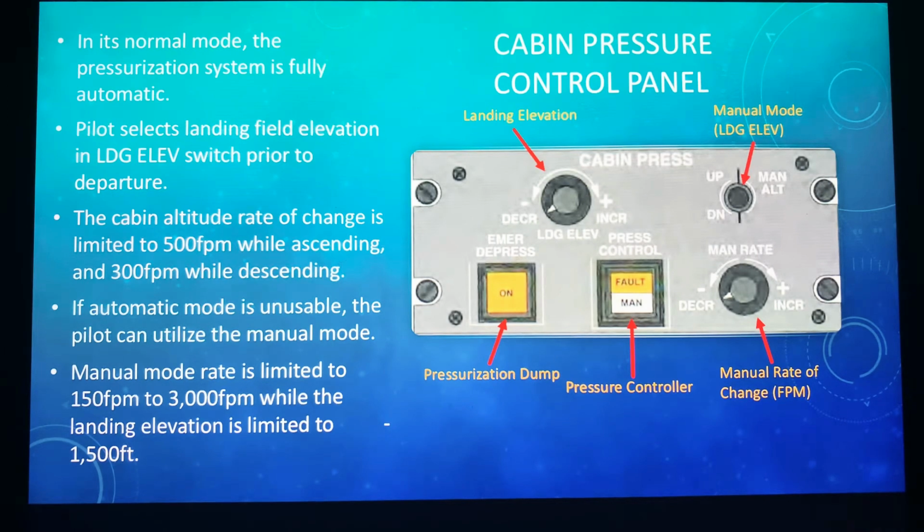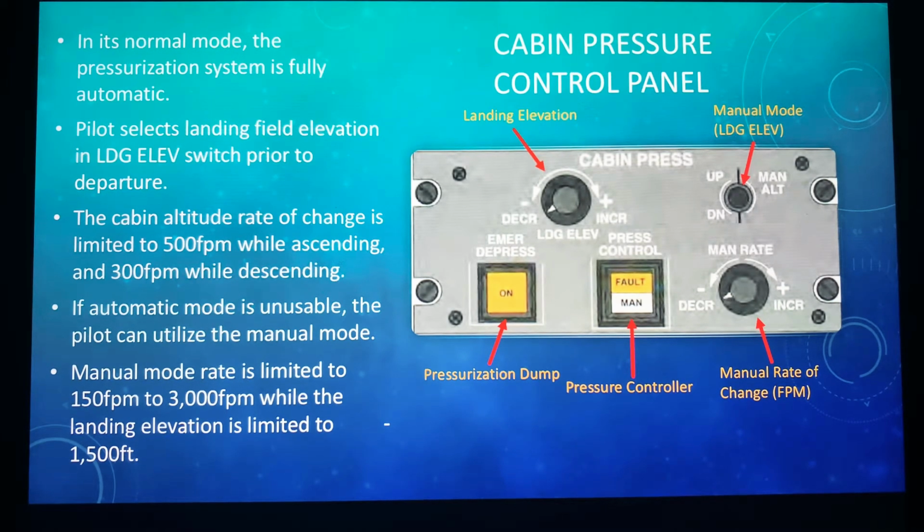So the only thing the pilot really needs to do prior to departure is select the landing field elevation with the LDG ELEV rotary knob, which you can see at the top here. The pilot would select the landing elevation of the arrival airport, and the pressurization system would do the rest in flight and landing.